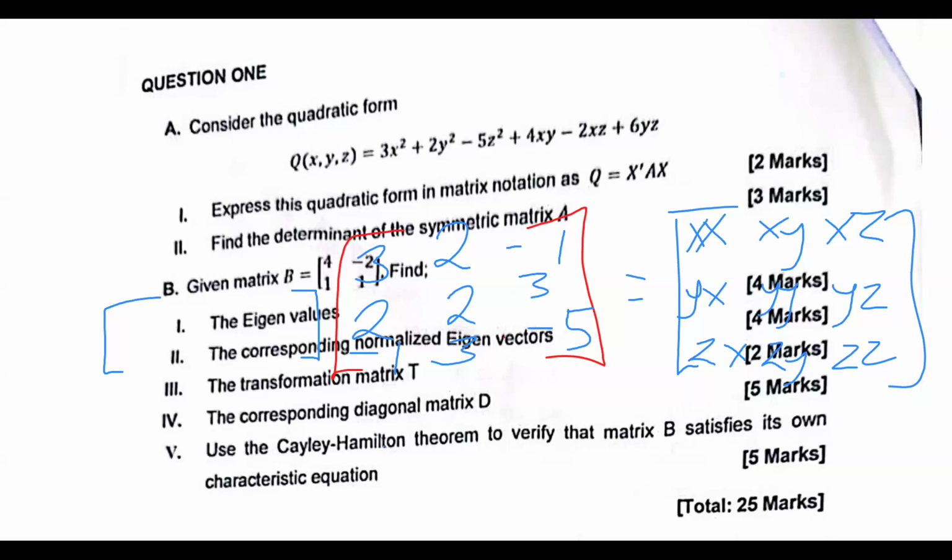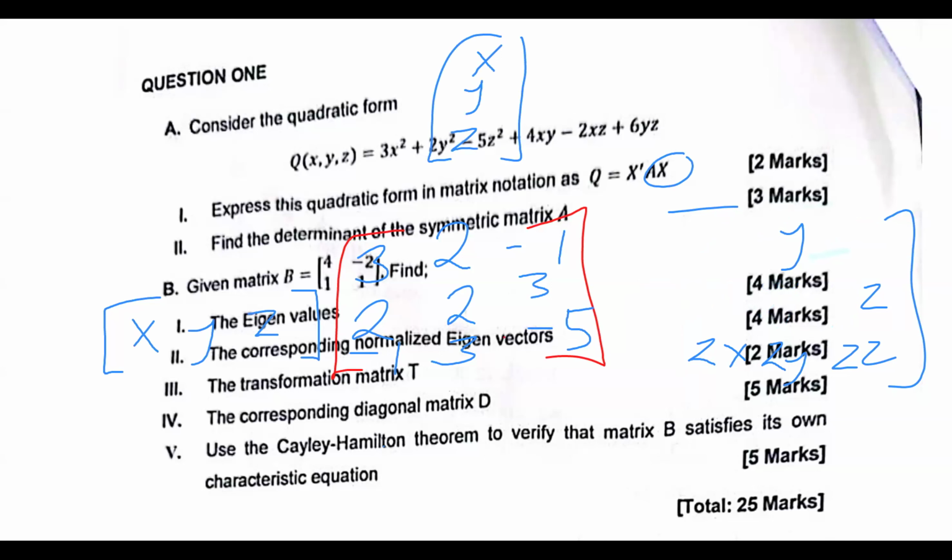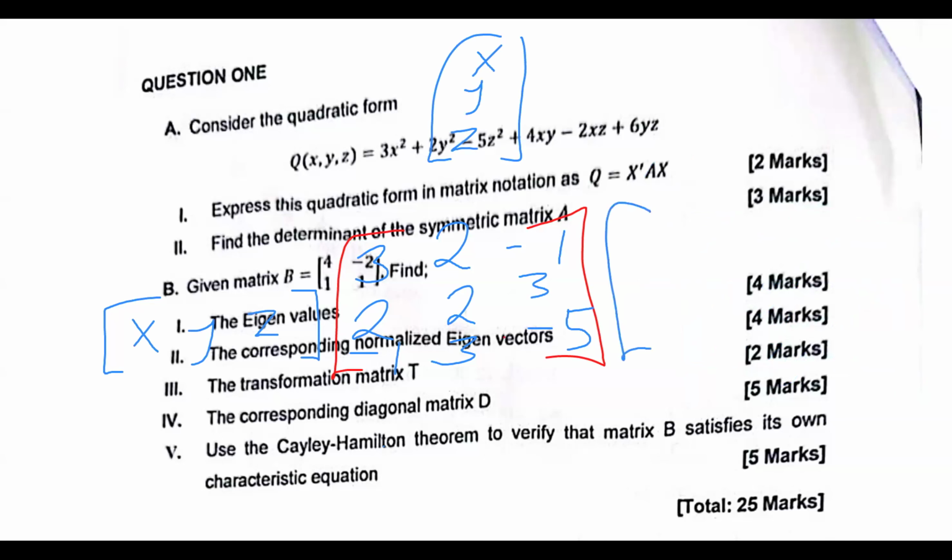Very important. So you need the X matrix. And I said the X matrix is this one, which is X, Y, and Z, vertical. So the transpose of that shall be X, Y, Z, right? And then you write the other side, the whole matrix, and then X, Y, Z, like this.